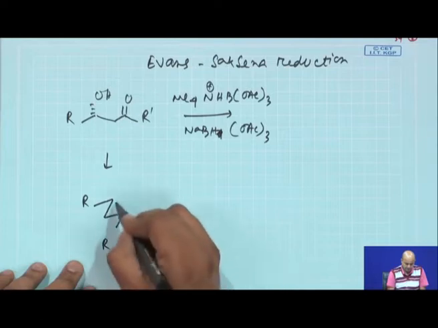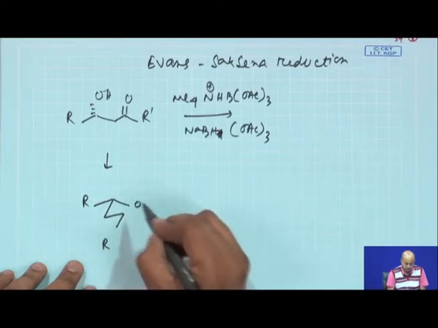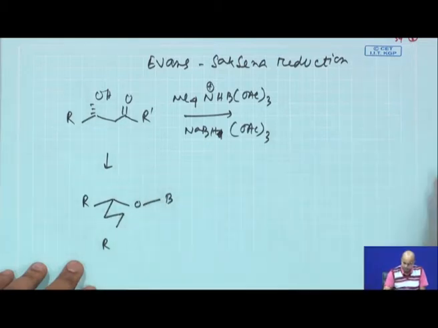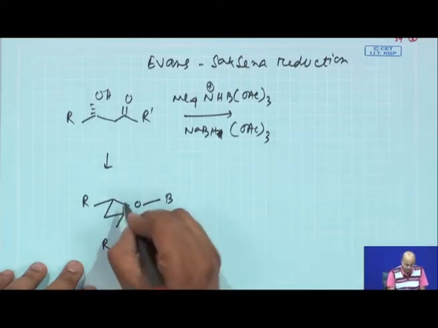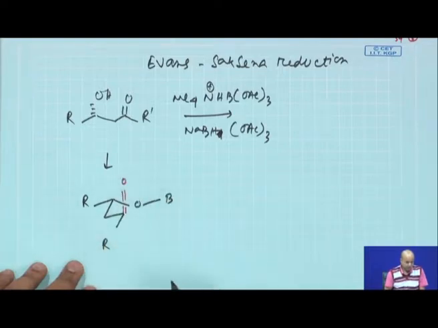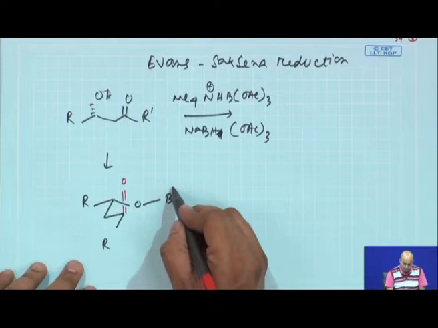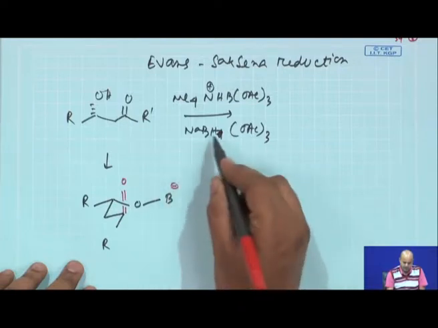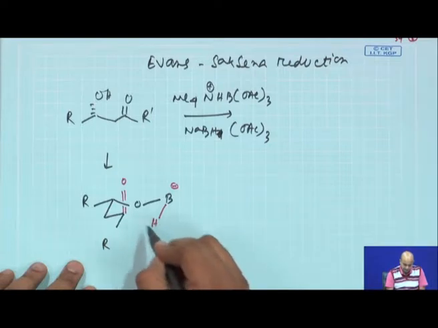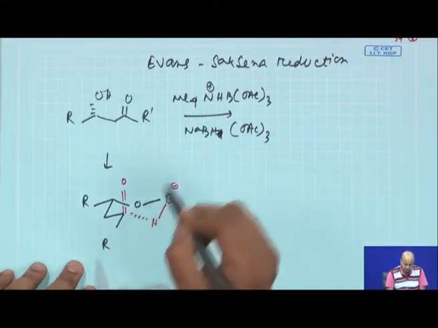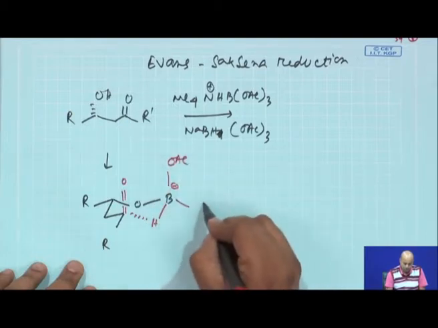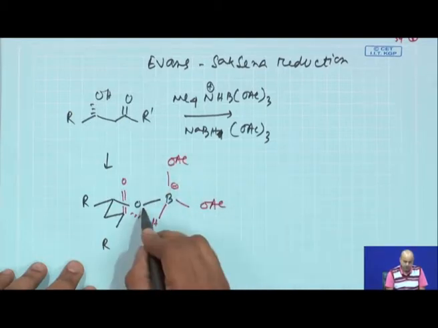The same thing, we put the oxygen here, the boron is here. Now, this boron has a negative charge here because it is a triacetoxyborohydride, and one of these acetates was first replaced by this alcohol.